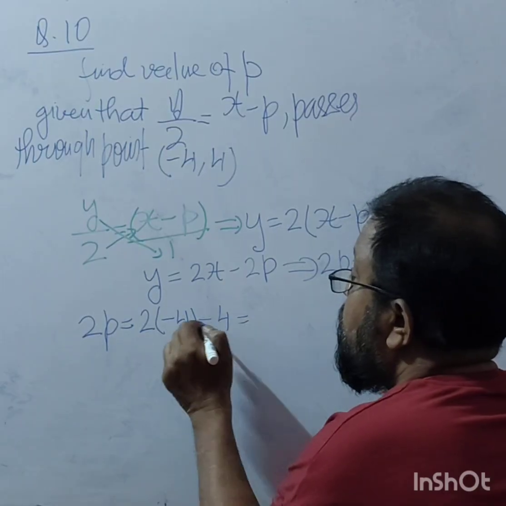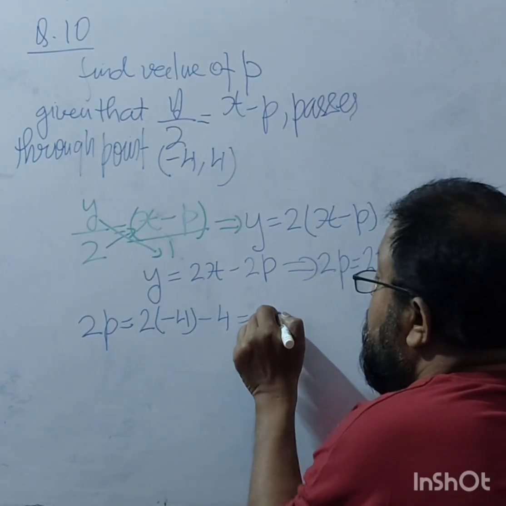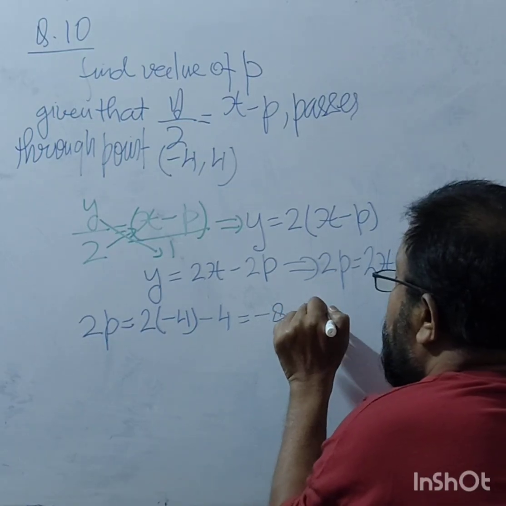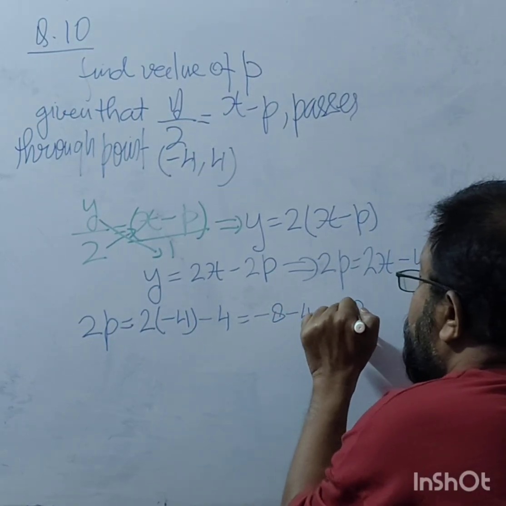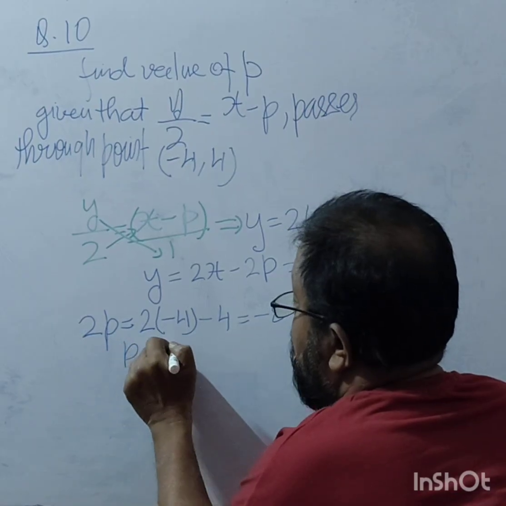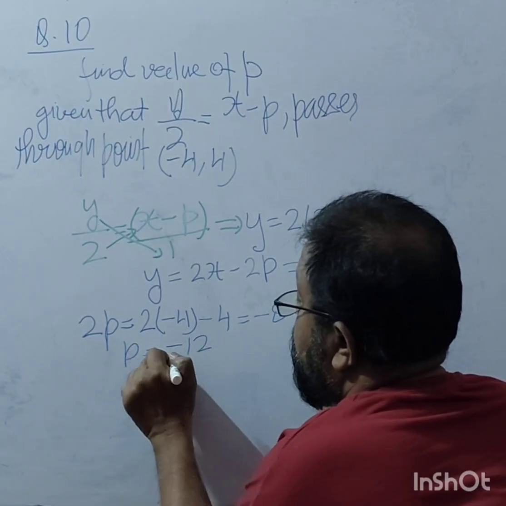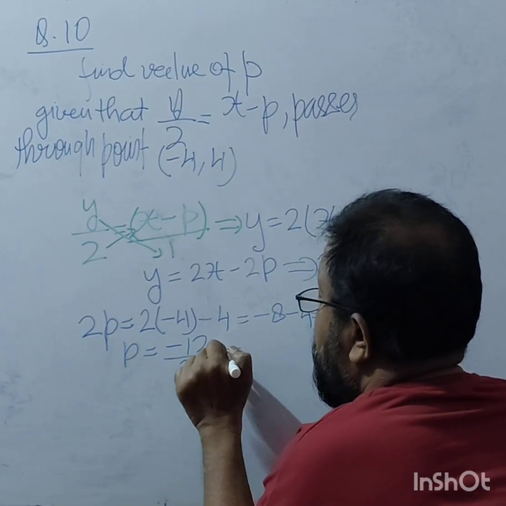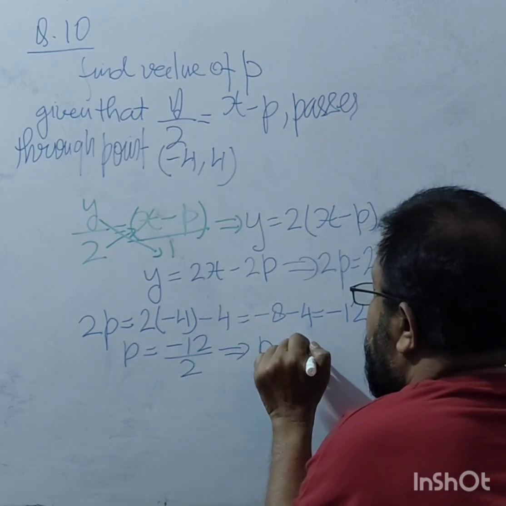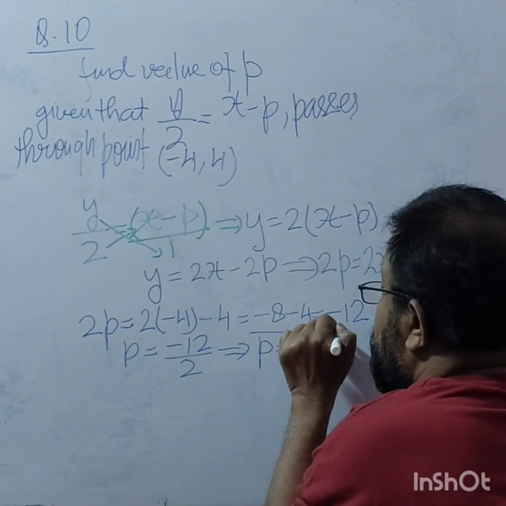So how much does this become? Minus 8 minus 4 becomes minus 12. So p is equal to minus 12 by 2. So we can say p is equal to minus 6.